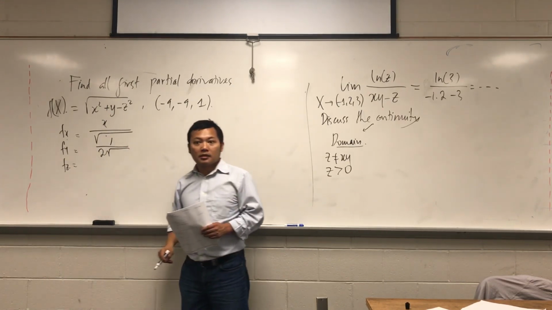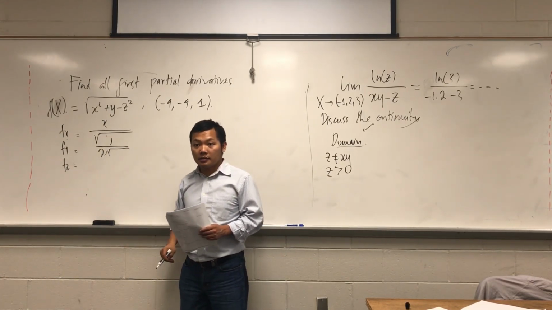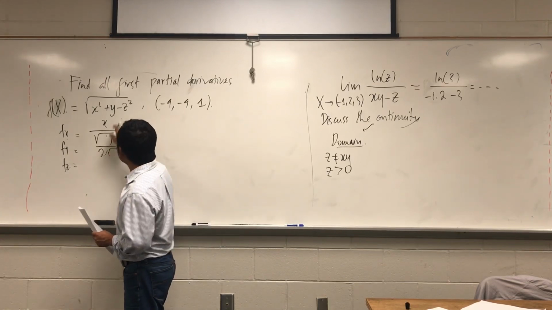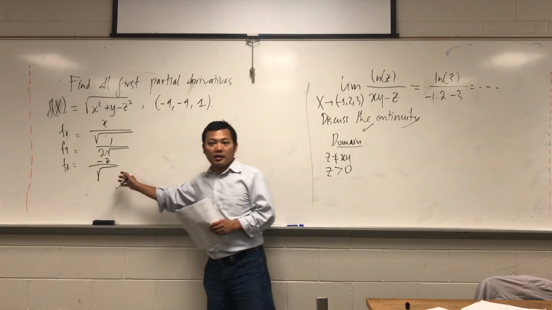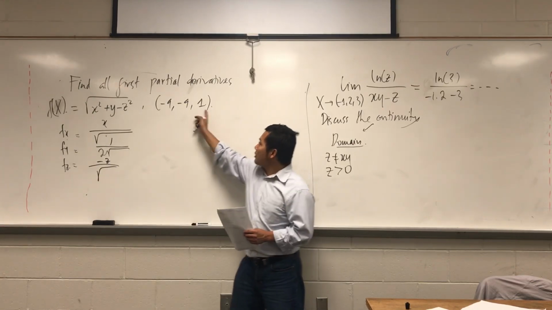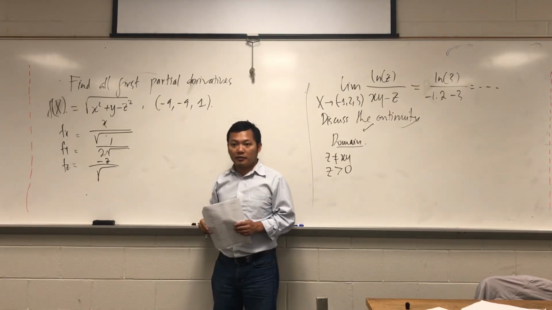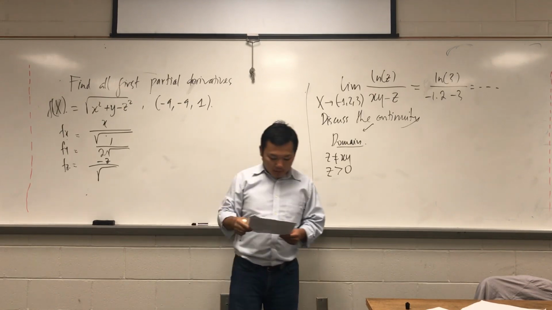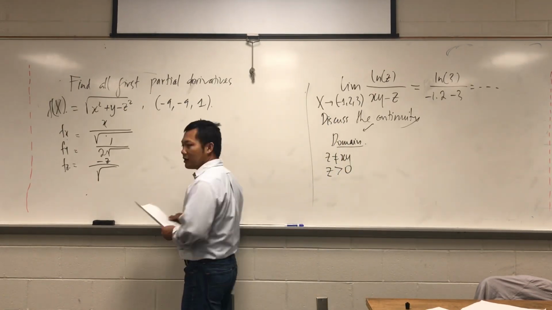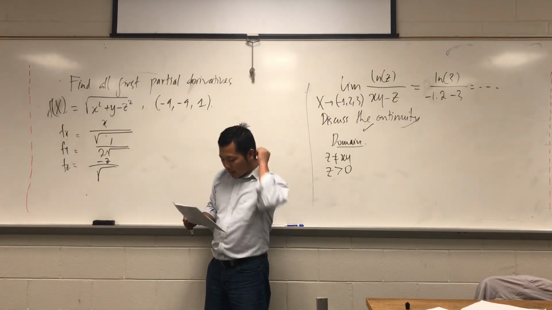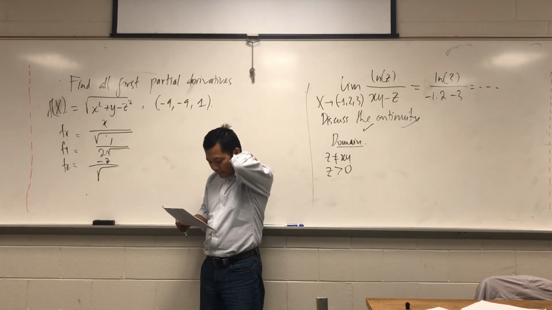And what's the next? Negative z over the square root. Then you plug all three numbers into those formulas to get your answer. You would need about 2 minutes for writing and computing this, or maybe 1.5.